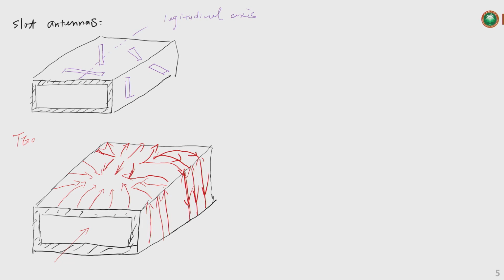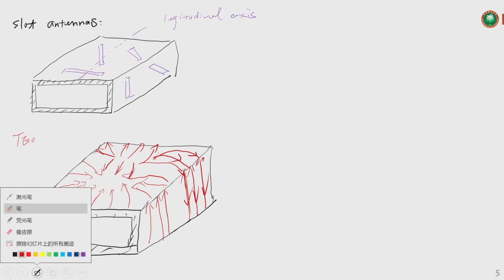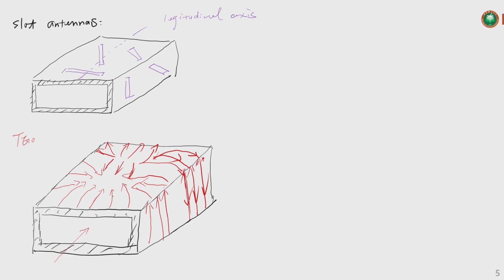If you remember the expressions for the surface current in electromagnetics, you can see that along the longitudinal axis, the current is straight along this direction, right?